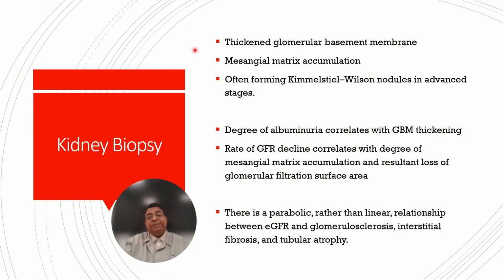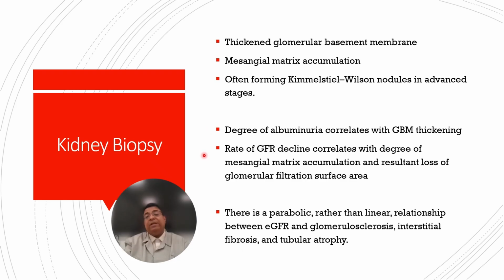So with diabetes, what you see on kidney biopsy would be thickened glomerular basement membranes, mesangial matrix accumulation, and then advanced accumulation of mesangial matrix would form Kimmelstiel-Wilson nodules. The degree of albuminuria correlates with the glomerular basement membrane thickening.